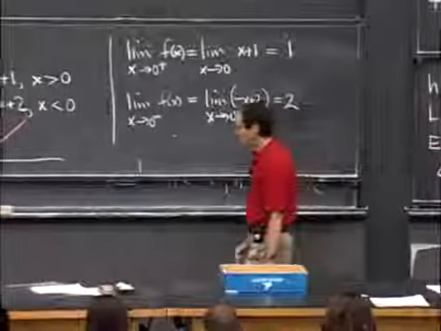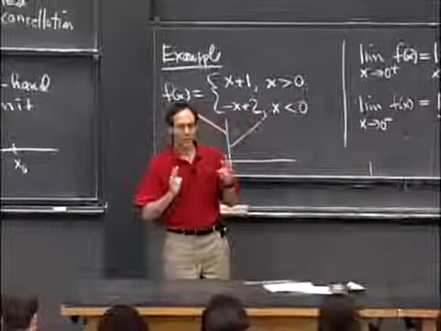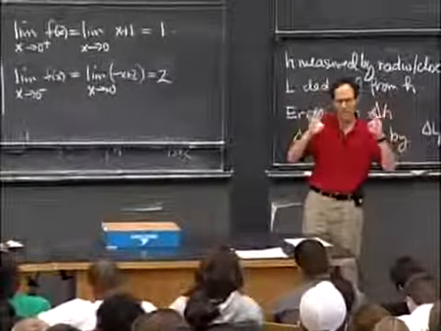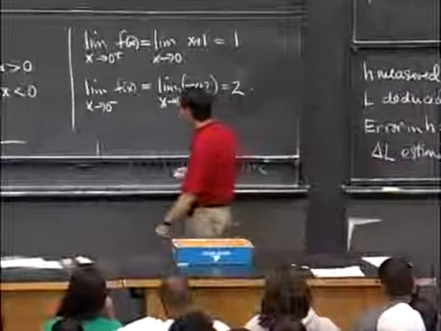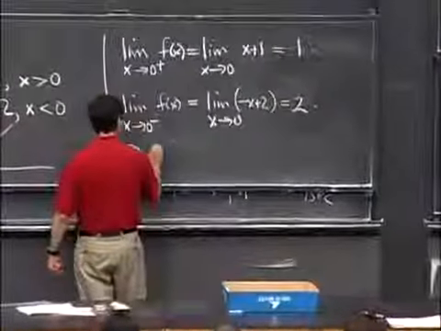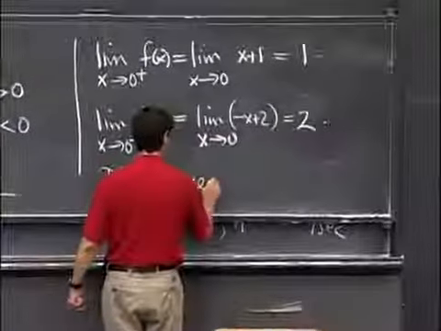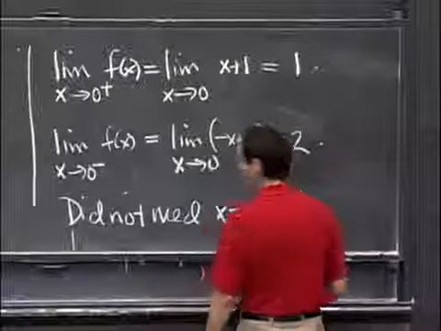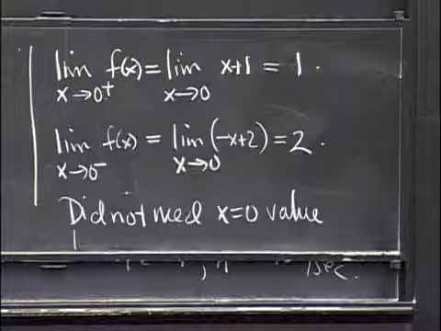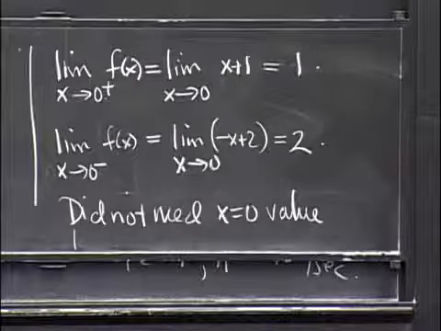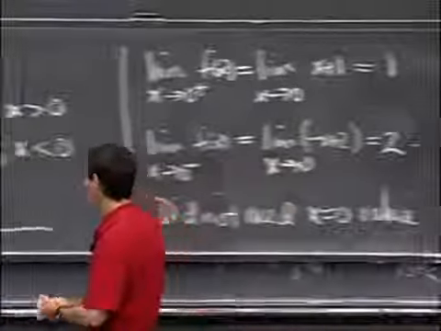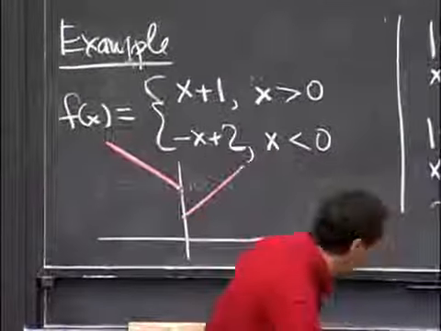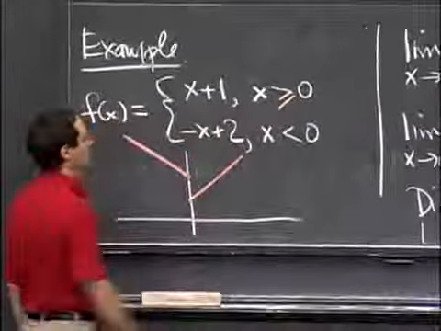Now, notice that the left and right limits, and this is one little tiny subtlety, and it's almost the only thing that I need you to really pay attention to right now, is that we did not need the x equals 0 value. In fact, I never even told you what f of 0 was here. We could stick it in, okay, let's say we stick it in on this side.